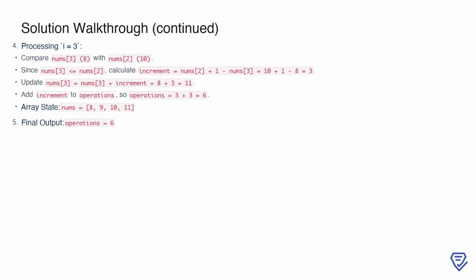Finally, we process index 3. nums[3] is 8, which is less than or equal to nums[2], which is 10. The increment required is nums[2] + 1 - nums[3], which equals 3. We update nums[3] to 11 and the operations counter increases to 6. The final array state becomes [8, 9, 10, 11]. The total number of operations required for this example is 6.